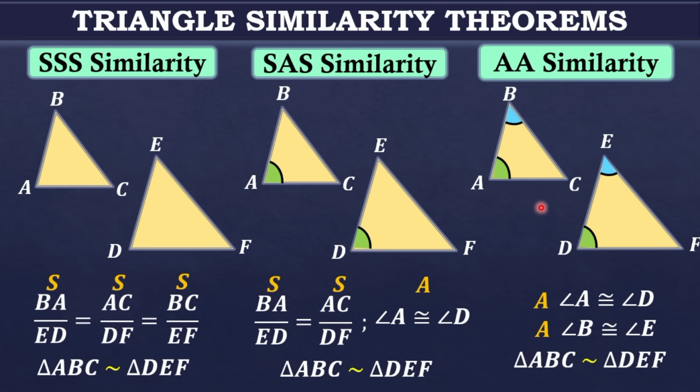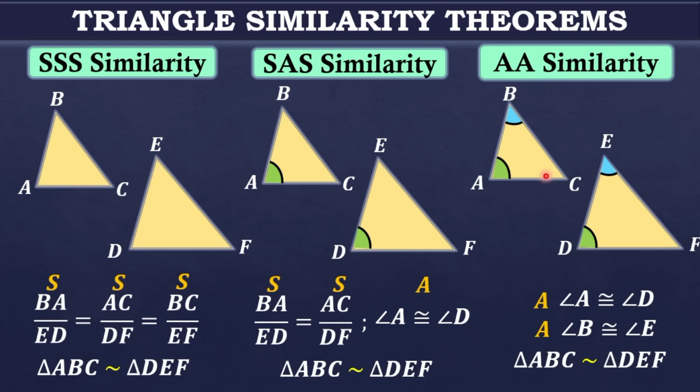Okay. Now, tatandaan na once na meron tayong AA similarity, kahit hindi po natin kunin itong third angle, okay? Matik po na kapag yung dalawang angles natin ay congruent sa isang triangle natin, then the third angle is also congruent to the third angle of another triangle. Okay?